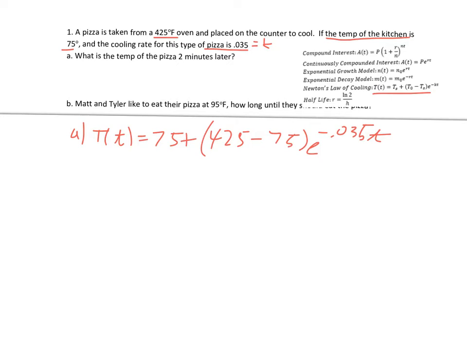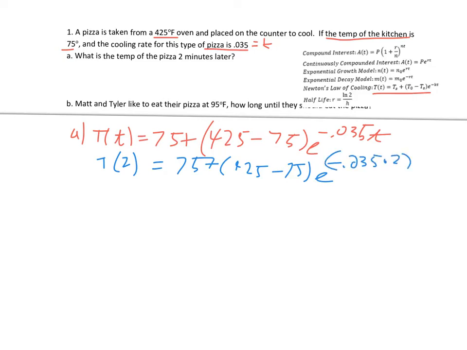So then for part A, I'm just then going to plug in 2. And so then it'll look like this. You could simplify that to 350 if you want, or you can just leave it like that, either way. So 0.035 times 2. So this is just a calculator plug and chug now.